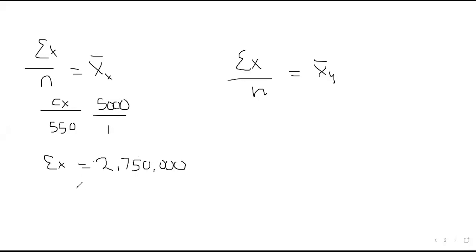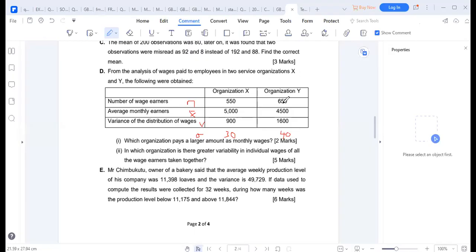Okay. So this is a numerical value that company X pays out. And company Y, you can use the letter Y there. Summation of Y, therefore, will be equal to n times the mean of Y. So our n for company Y, when you check in here, was 650 and our mean was 500.